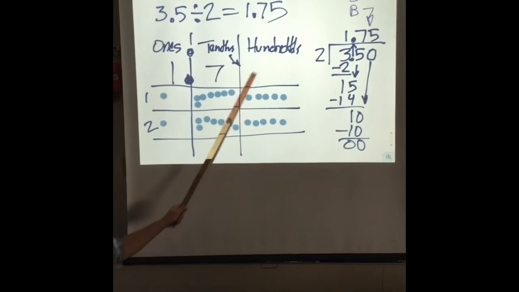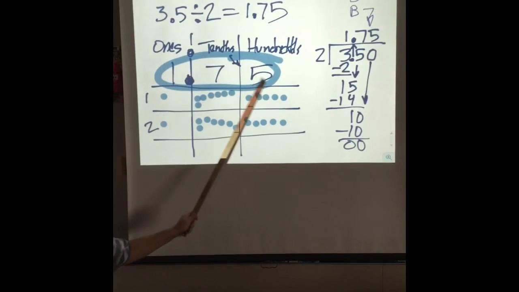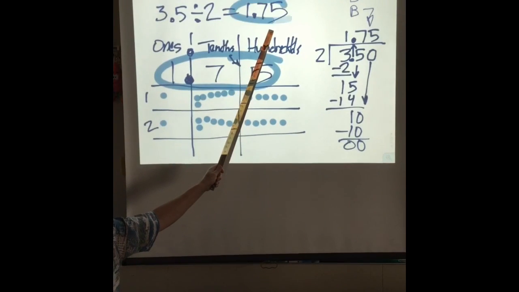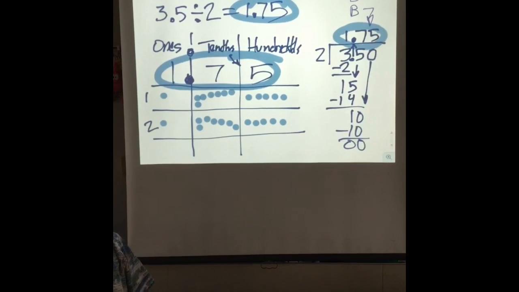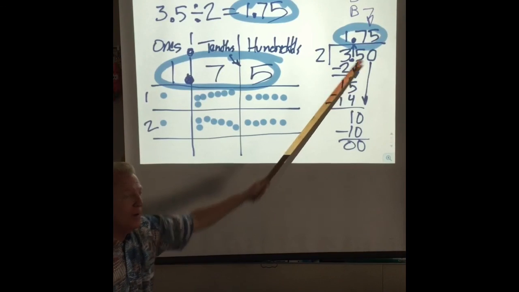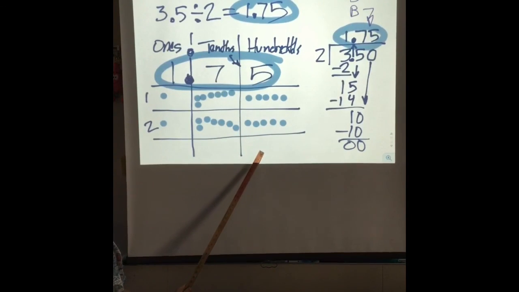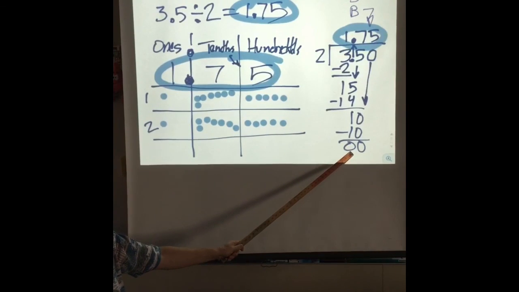And how many in the hundredths? 1, 2, 3, 4, 5. 1.75 is the same as this 1.75, which is the same as this 1.75. And do you see why we added a 0? It's like making another column so we can get rid of all of our remainders.